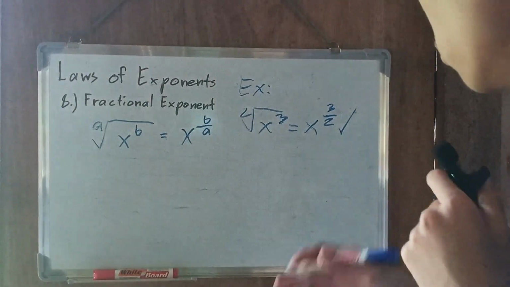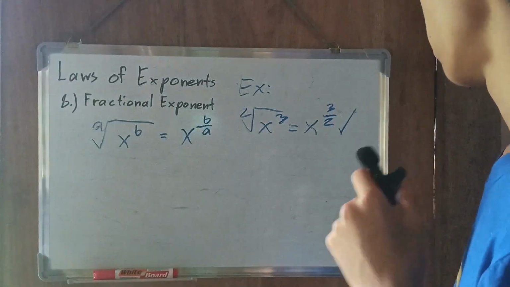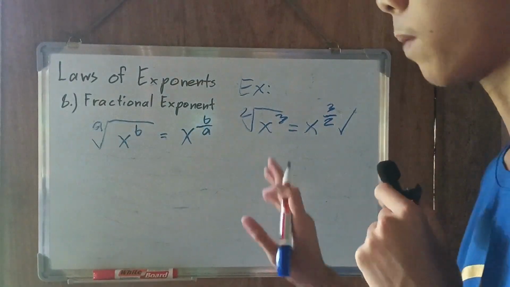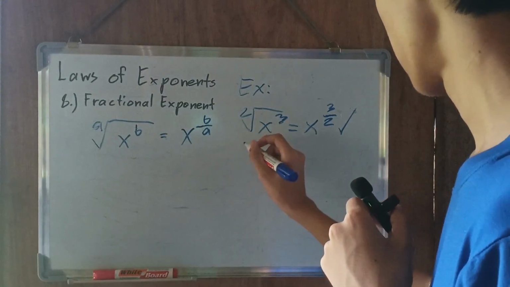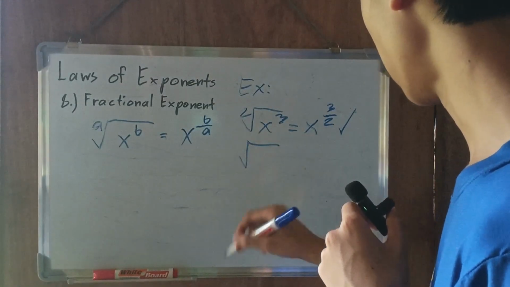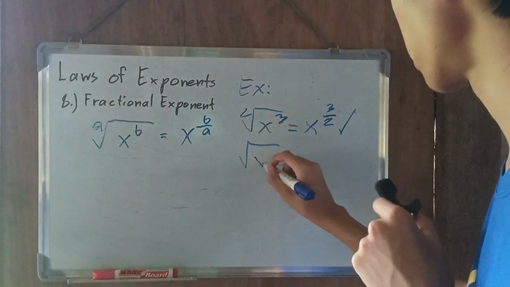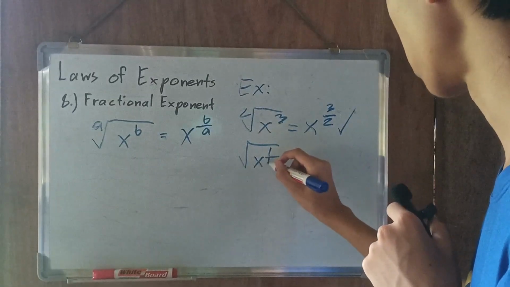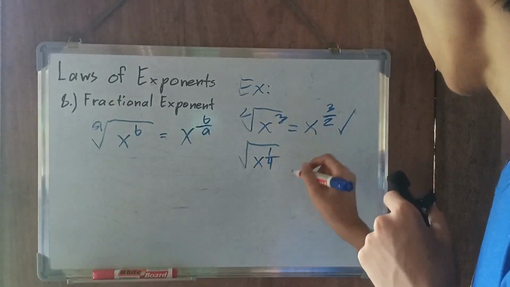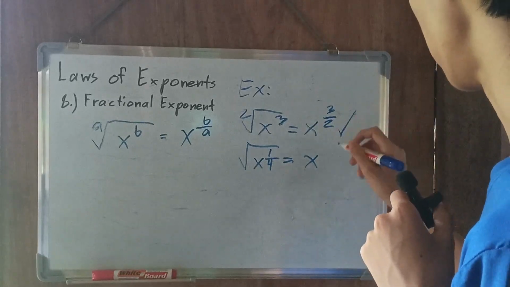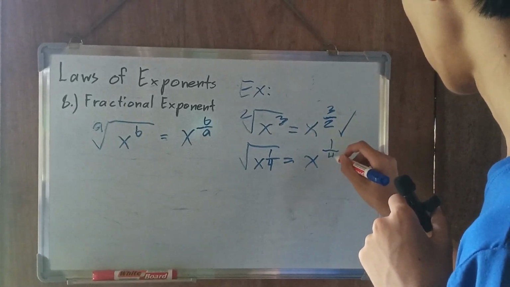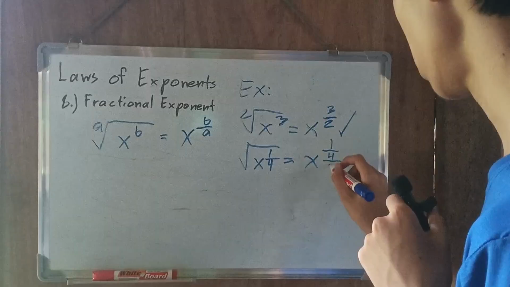Now in number 2, what if the raised power of the x is a fraction? Let's put another square root, and then x raised to 1/4. That means we put x, and then 1/4 over 2.